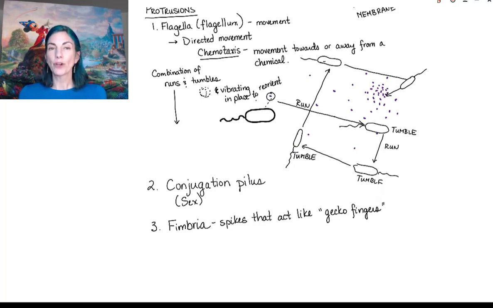So what do fimbria do? They allow that bacterium to attach to some other surface, like an implanted piece of metal, or your own tissue, or even other bacteria, but typically it's used to attach to your tissues.